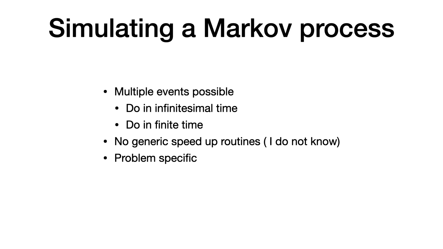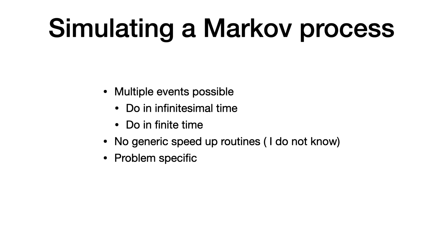You can do the simulation in infinitesimal time or in finite time. As far as I know, there are no generic speed up routines. You have to be clever to look at the problem. Sometimes if you stare long enough, you realize that you can make it much faster than brute force definition of rates and probabilities. But those are problem specific.